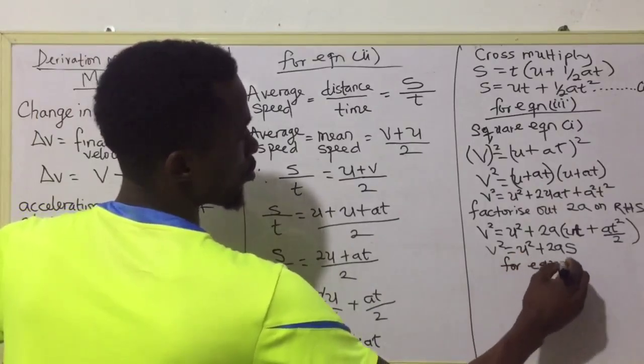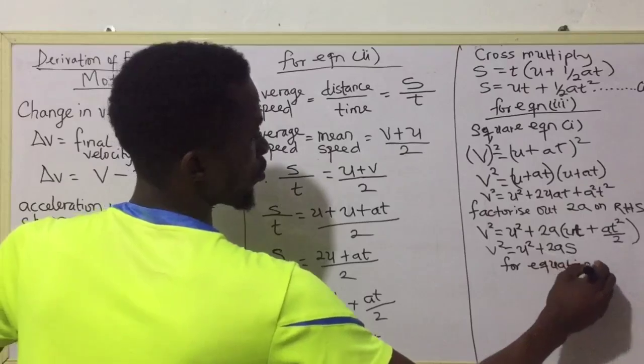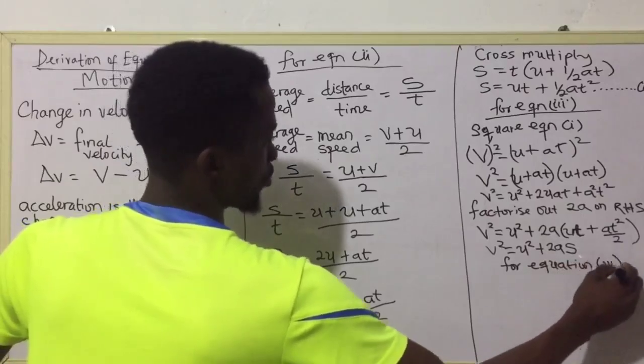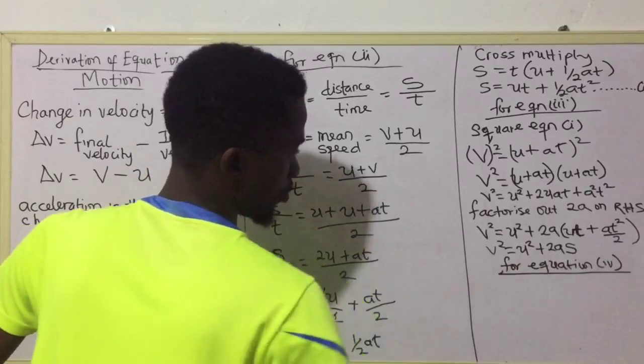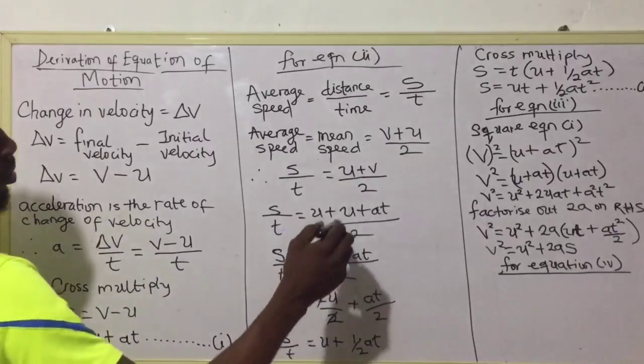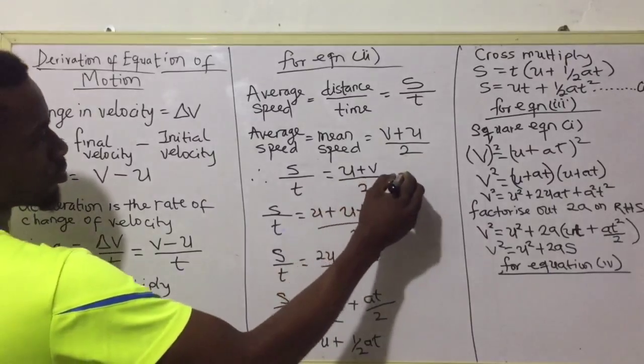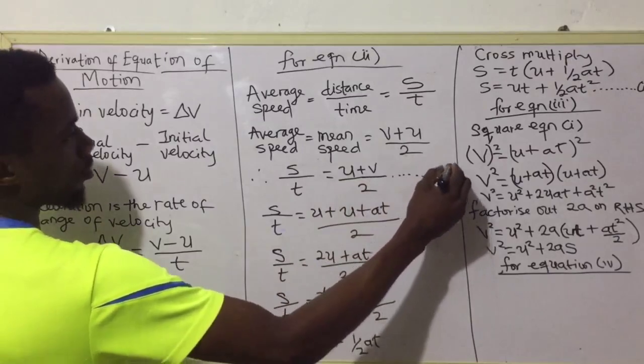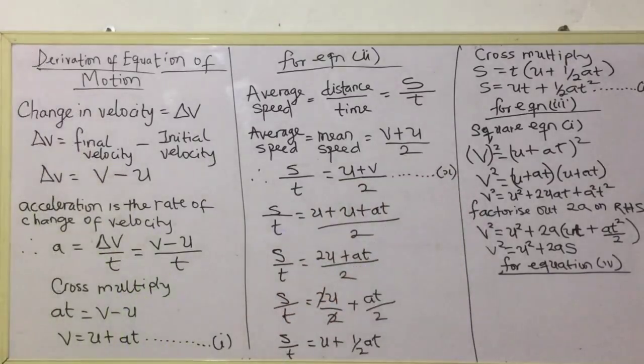For my equation 4, I'll be going back to the beginning of equation 2. As I said, coincidentally, average speed is how we generate both equation 2 and equation 4. So from that, let's call that equation x.